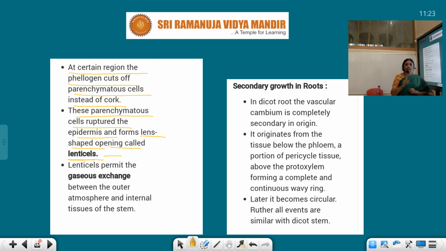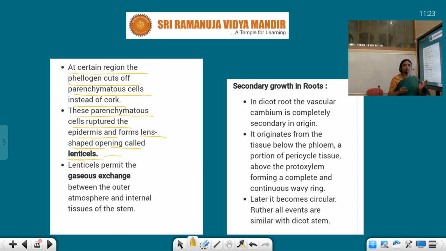Based on these rings, we estimate the age of the tree. If there are 10 rings, that means every year 2 rings are forming, so the age of the tree is 5 years. Every year in springtime 1 ring is formed, and in autumn 1 ring is formed. Both together are called annual rings.